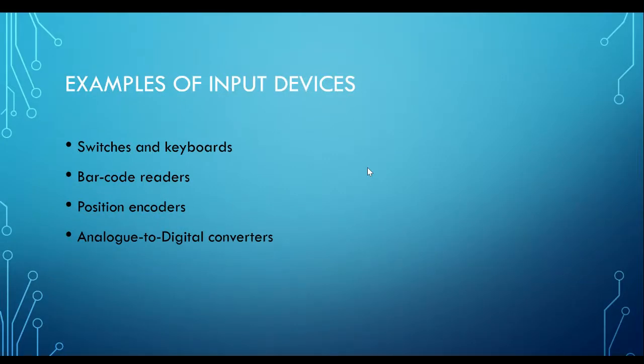Switches and keyboards need priority. The CPU will give priority to keyboards and switches because it's the user interface. When you're designing an embedded system, always remember that anything to do with the user needs to be given priority, because when you're designing a device, you do not want the user to keep waiting for a very long time.